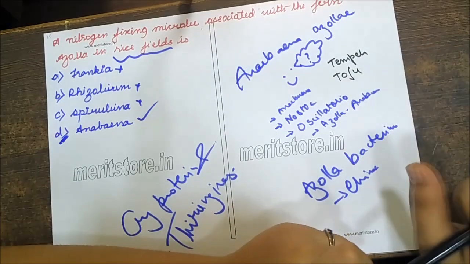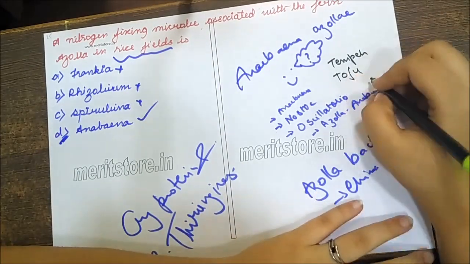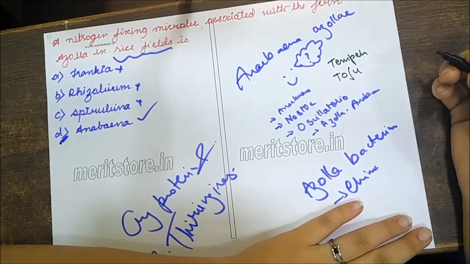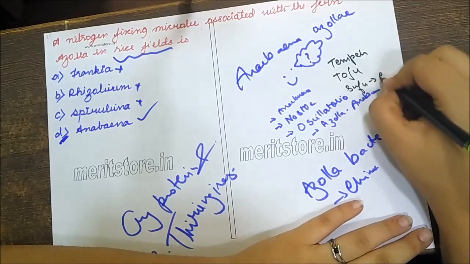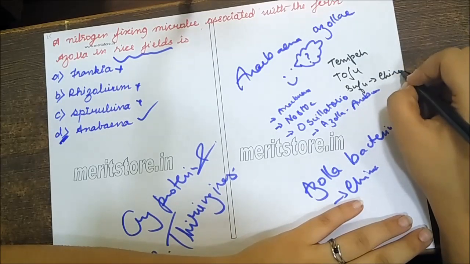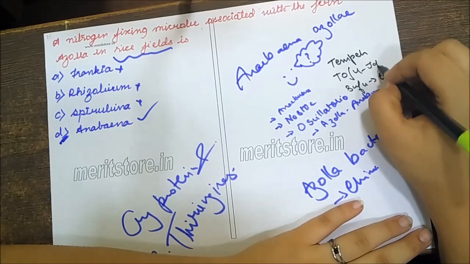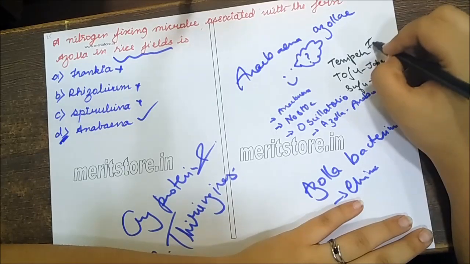It's like paneer, soybean paneer, which is very proteinous and mineralized. Sufu is Chinese. This one is from Japan. This one is from Indonesia.